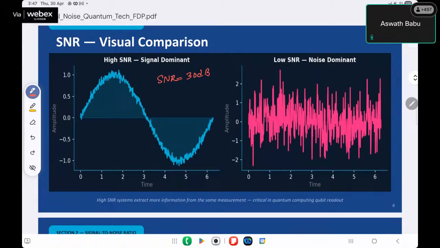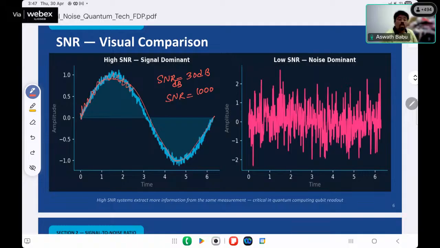Means SNR is just 10 to the power of 3, which conventionally represented is just 1000 by 1. In that case, if my signal is something like this, the disturbance is something like this, very, very small. Okay, so fine, I can somehow streamline that, eliminate such disturbance.